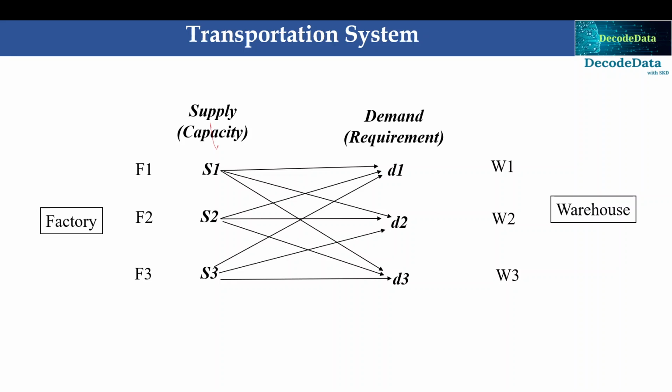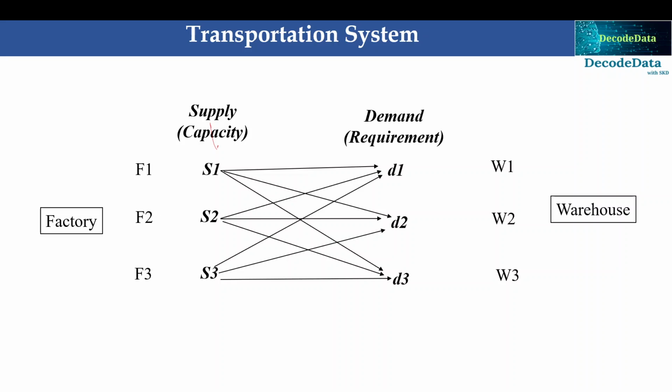Now here the important thing comes. When I have to supply something from one factory to one particular warehouse, in this particular case, I have to pay the transportation charges, right? Now in this entire system, being an operations manager, what I have to do is find the cost that should be minimum and all the material will be transferred from one place to another place.